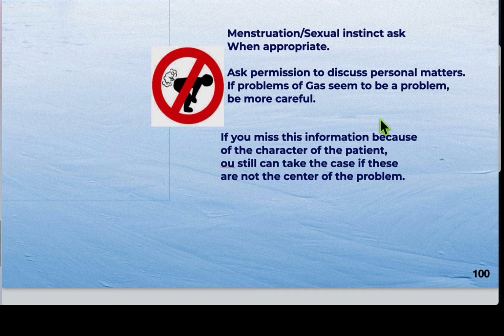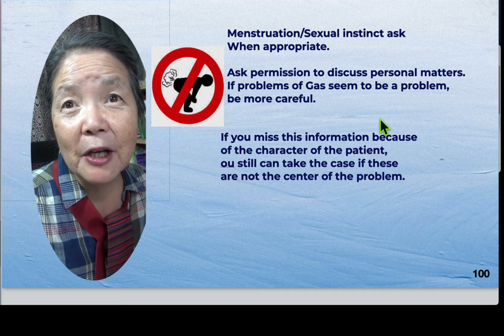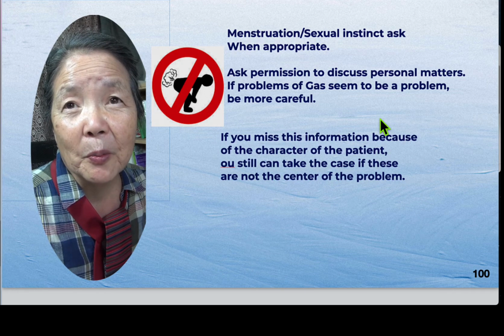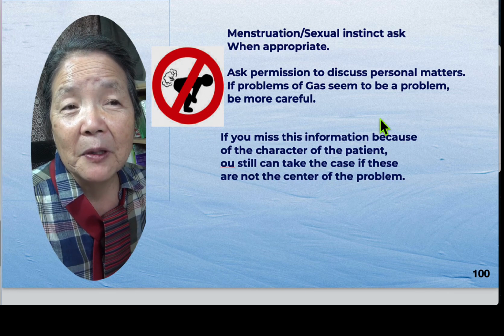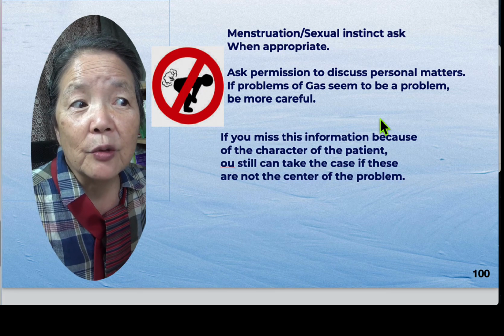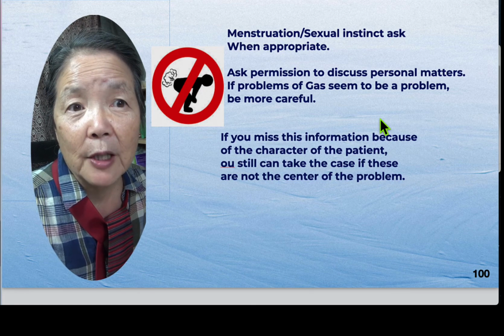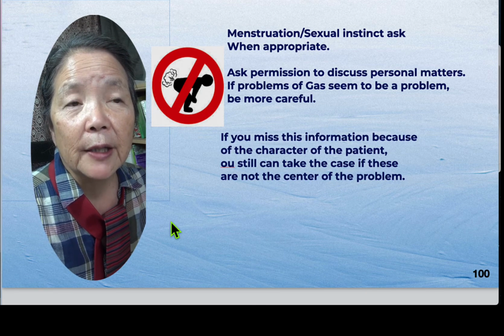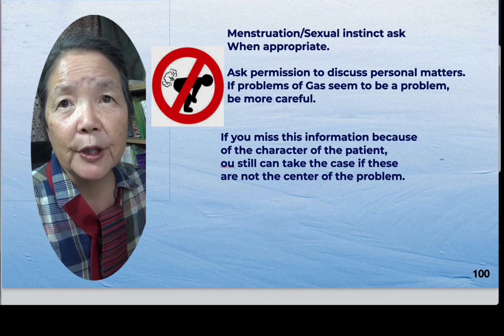And how many is enough rubrics? I'm going to talk about that in another video. But you can decide whether this is an area which you should be asking this particular patient about. Once you get to know the patient, this kind of information comes out much more easily.